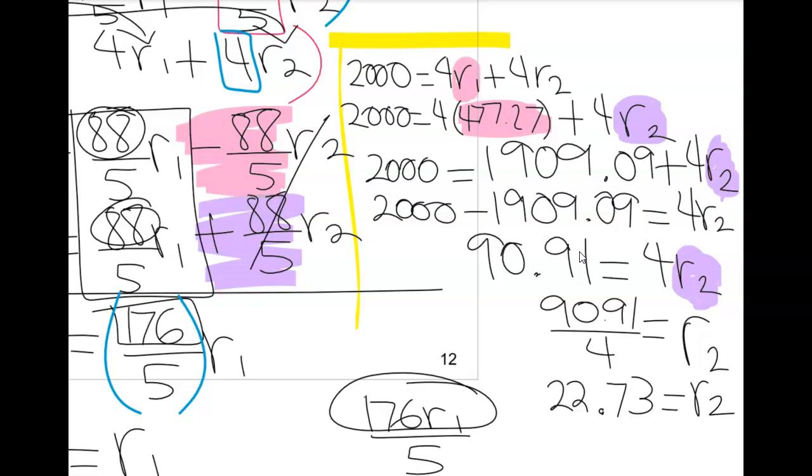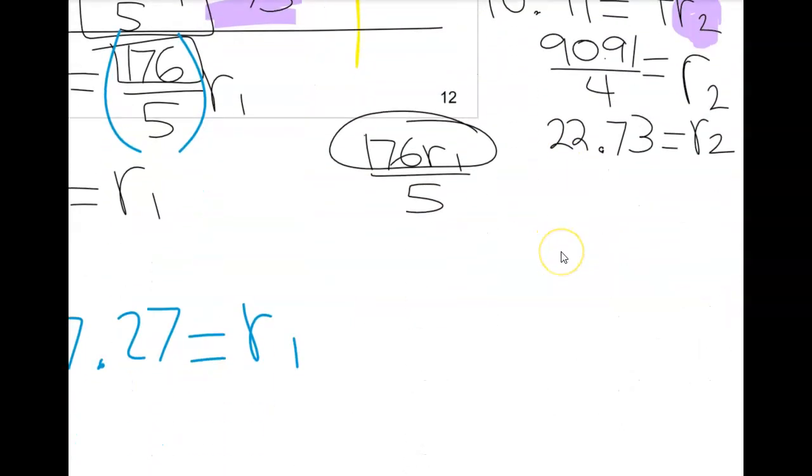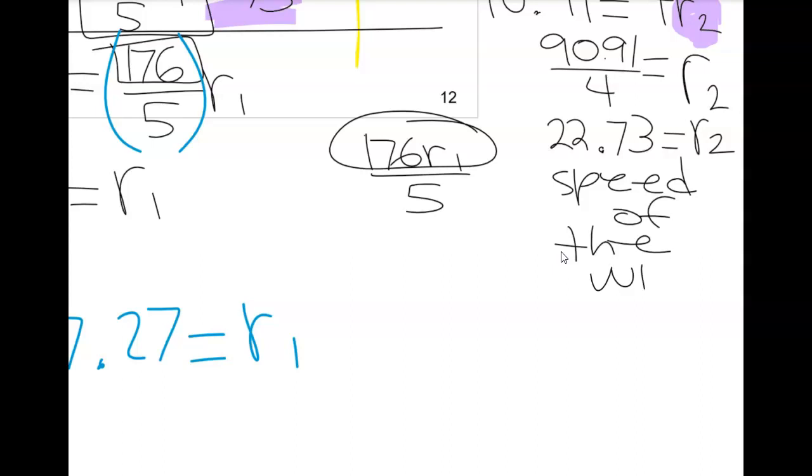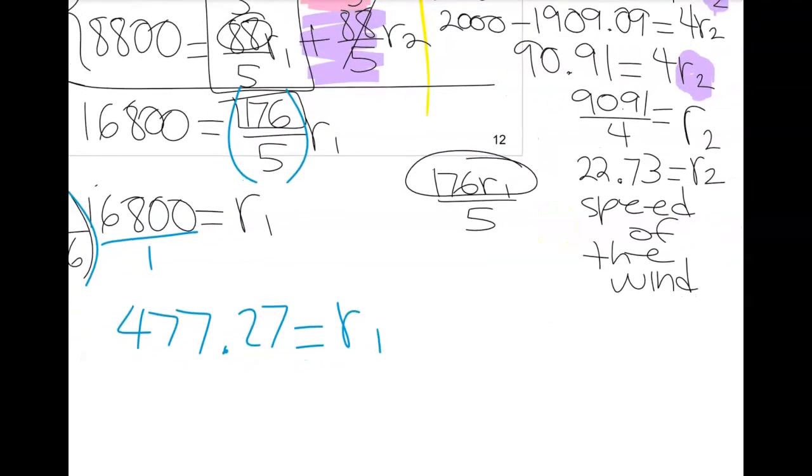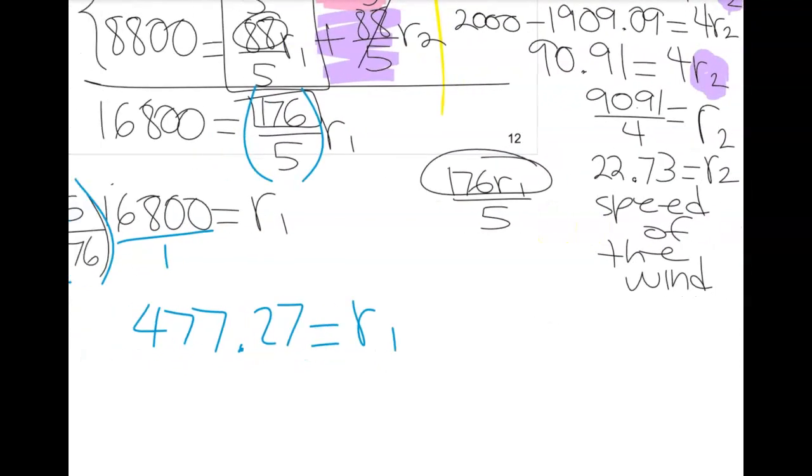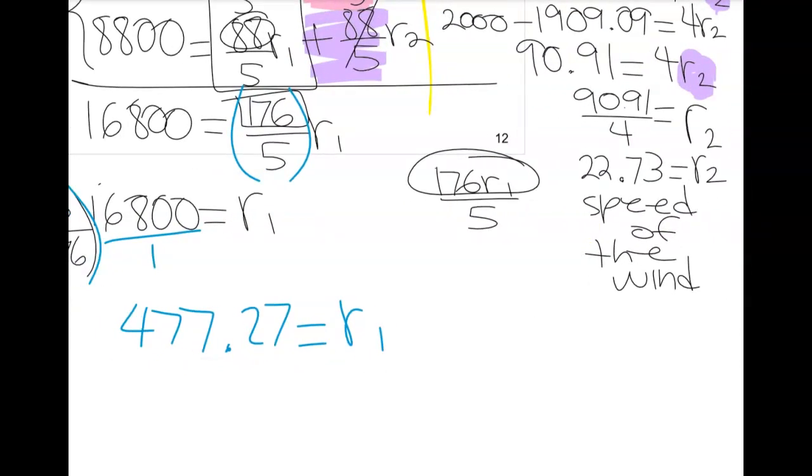So r sub 2, the speed of the plane, I'm sorry, not the speed of the plane. This is the speed of the wind, 22.73 miles per hour. And the speed of the plane is here, 477.27 miles per hour.